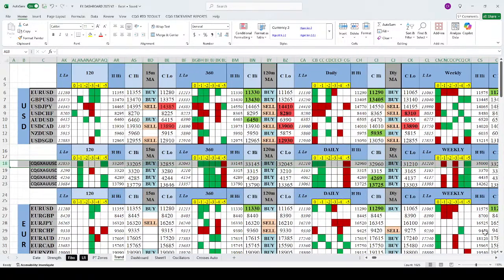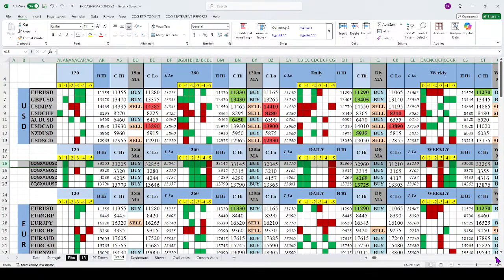Weekly is flat, so that means we expect the price to turn before or at 3326 half, which is your previous week high. So we expect the market to turn either at 3326 half or before that.